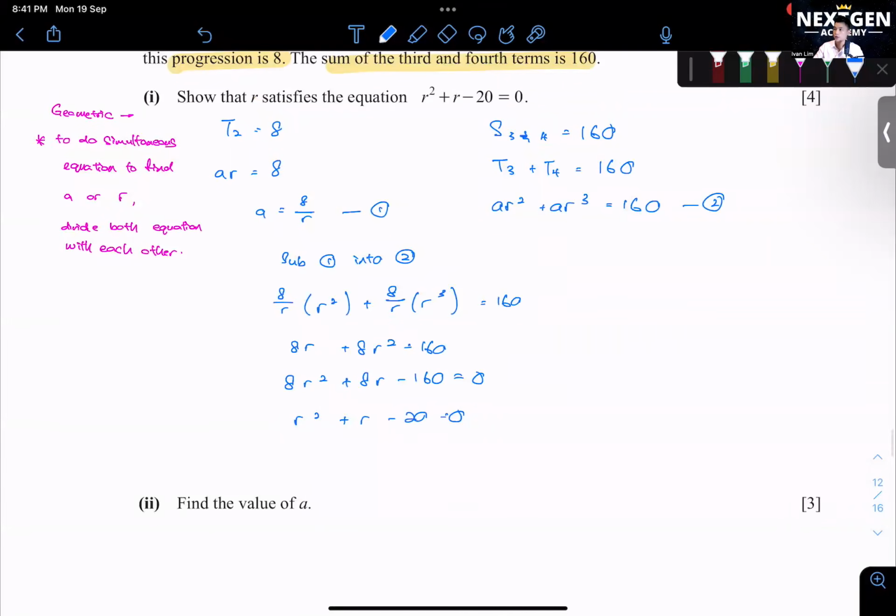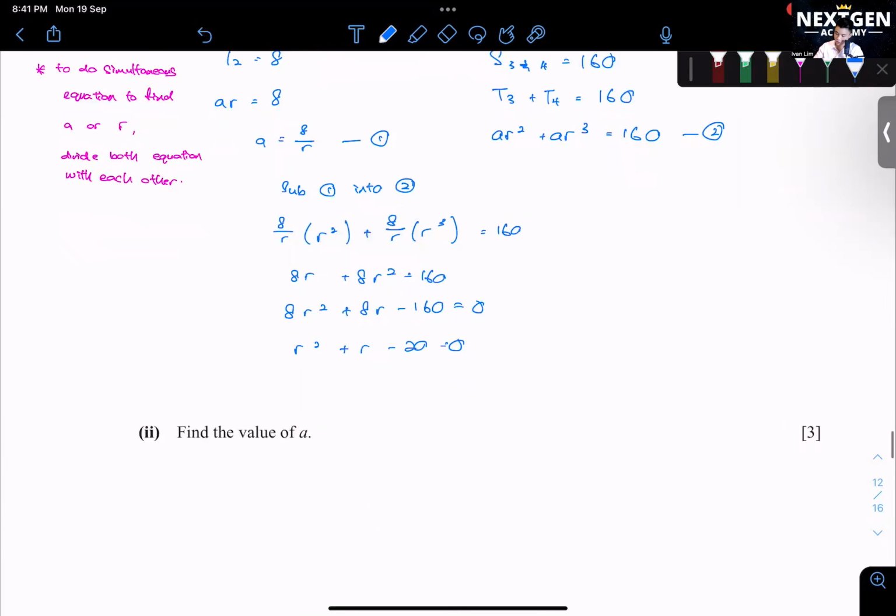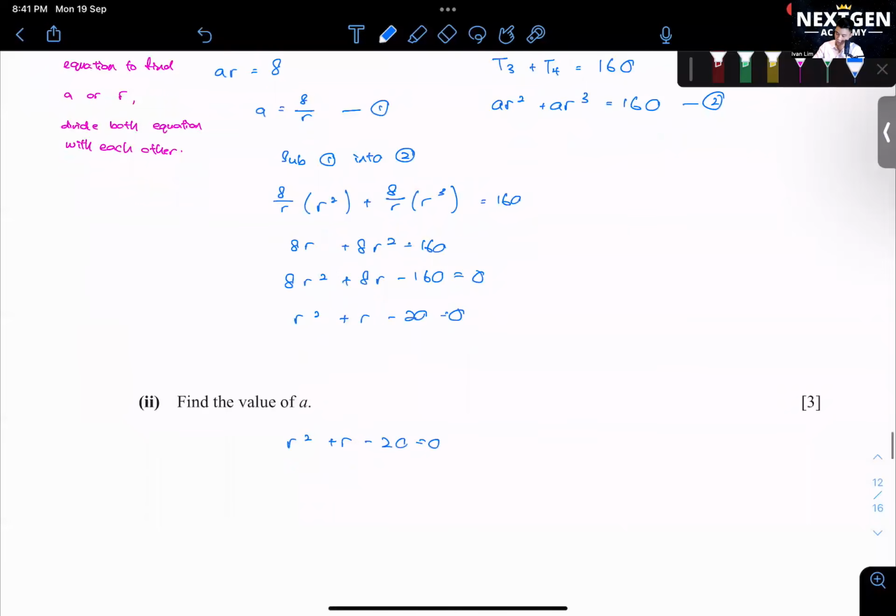Find the value of A. So I got my R here already. R squared plus R minus 20 equals 0. Solve it: R minus 4, R plus 5 equals 0. R equals 4, R equals -5.